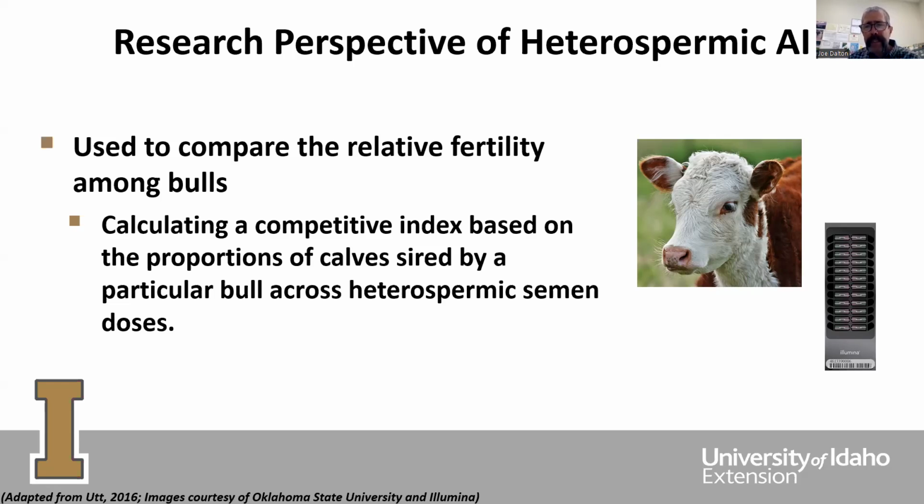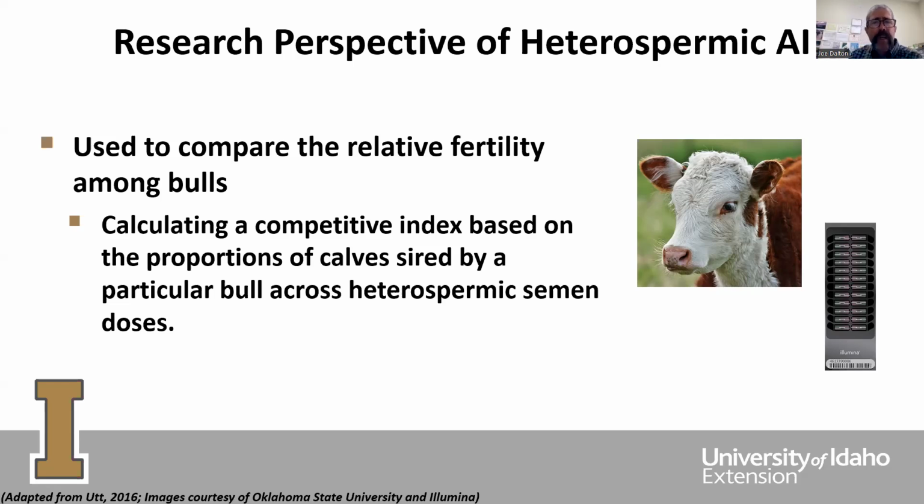across heterospermic semen doses. And the idea here is we've taken 2 or more ejaculates from 2 or more males, mixed them, included them in a straw in equal numbers, and then we're placing them in the same environment. They're going into the same female, not into the same herd and herd mates. They're going into the same female and competing.